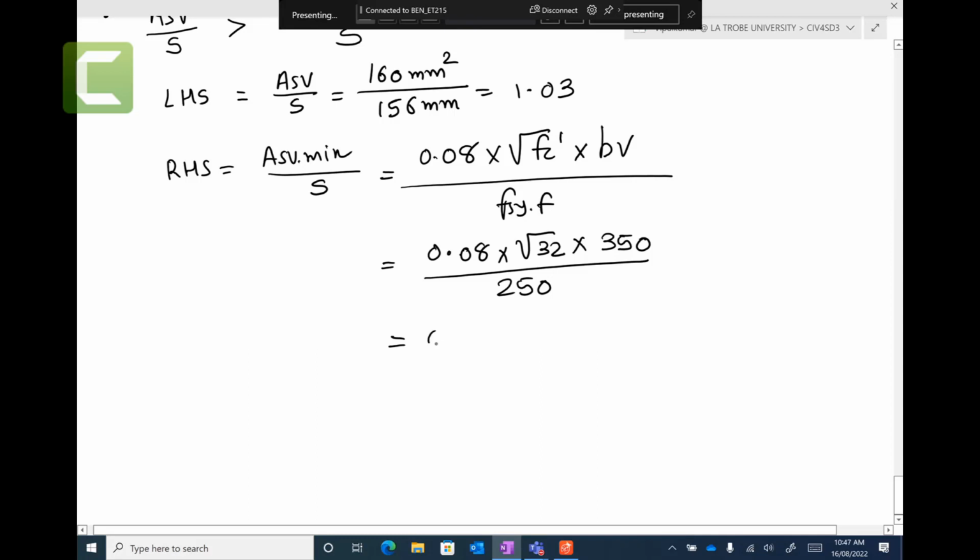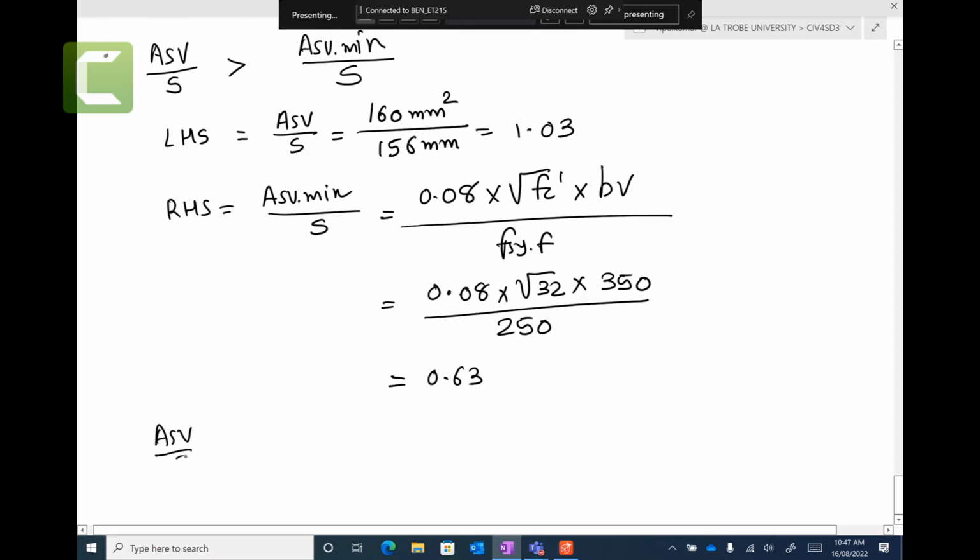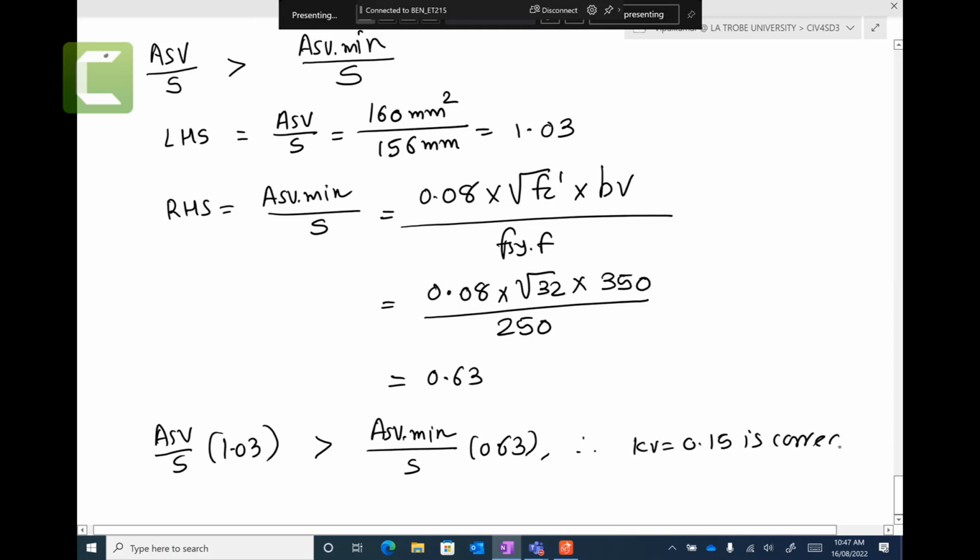You get 0.63. So you can see ASV on S, which is 1.03, is greater than ASV minimum on S, which is 0.63. Therefore, KV equal to 0.15 is correct, and theta V equal to 36 degrees is also correct. You remember that we made these assumptions.